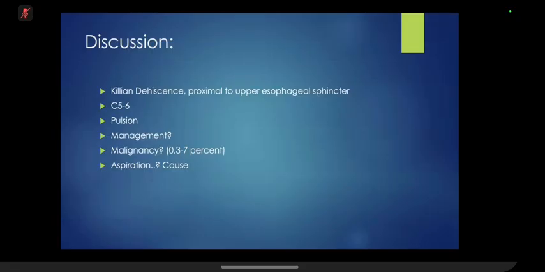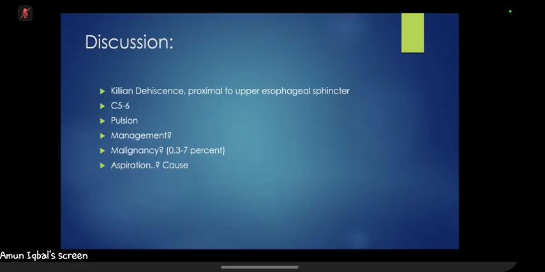About this case, the Killian dehiscence is the area of muscular weakness, and usually Zenker diverticulum arises from that area. The important difference is between the pulsion and the traction diverticulum. The pulsion diverticula lack the smooth muscles, so they cannot completely empty themselves. Usually, all the diverticula commonly presenting in adult patients are pulsion diverticula.